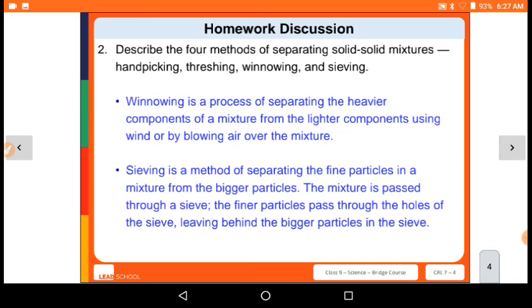Winnowing is a process of separating the heavier components of a mixture from lighter components using wind or blowing air over the mixture. And sieving is a method of separating fine particles in a mixture from the bigger particles. The mixture is passed through a sieve, and the finer particles pass through the holes of the sieve, leaving the bigger particles behind in the sieve.